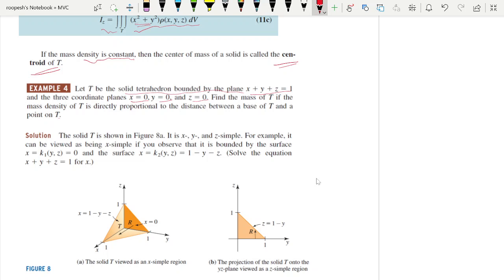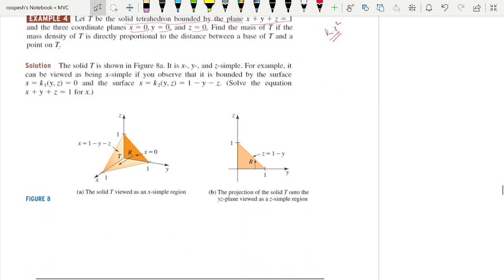Find the mass of T if the mass density of T is directly proportional to the distance between the base of T and a point on T. We did a similar problem in the double integration case, where we got the function as k times the distance. Here it is directly proportional, so k times the distance. Let us see how we can take it.